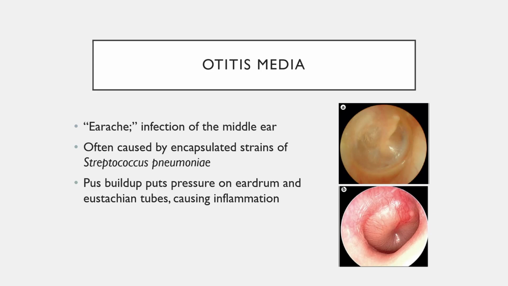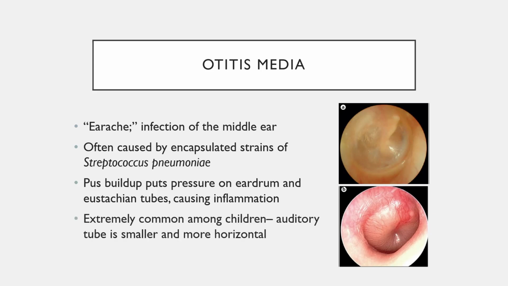And the reasons why are that their auditory tubes are more narrow and more horizontal in relation to the rest of the body. And as we grow, our auditory tubes get larger and also more vertical. This means that they are less likely to trap bacteria and are able to flush out bacteria using the assistance of gravity.